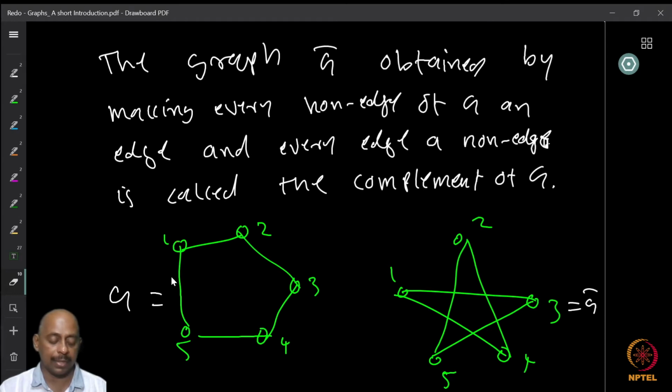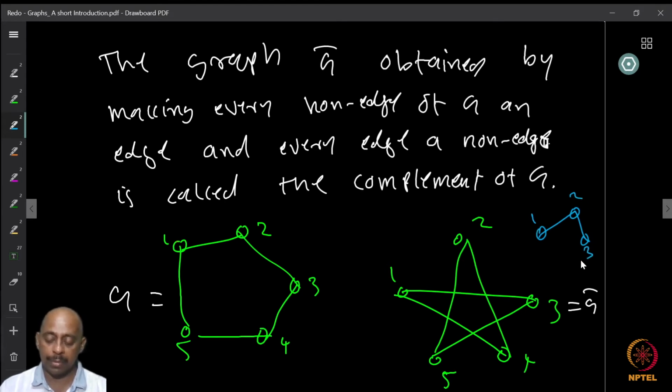So here I have the graph G and its complement. In this particular case, it happens that the graph is isomorphic to its complement. It's not always the case. You can see very easily, if you take some other example, let's say you take this graph with vertices 1, 2, and 3.